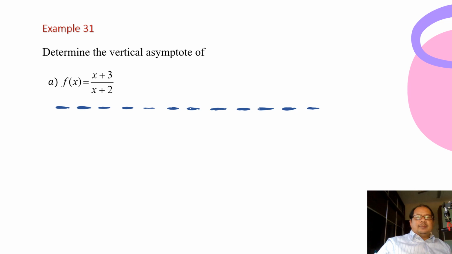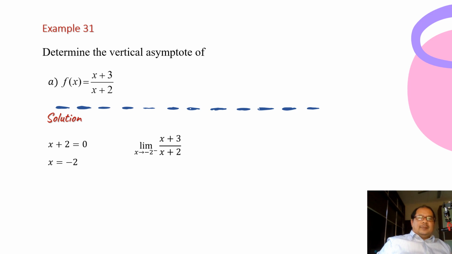Determine the vertical asymptote of f(x) equal to 1 over x plus 2. Okay, this is a simplified form, and then the denominator becomes 0 when x equal negative 2. So we confirm with limit: limit x approaches negative 2 from the left, from the left here. That means nilai x itu akan kecil daripada negative 2.